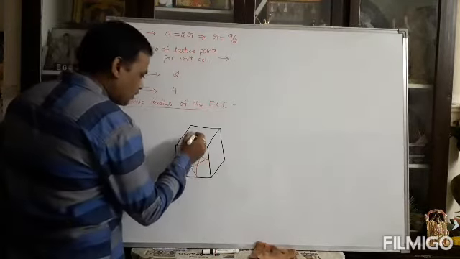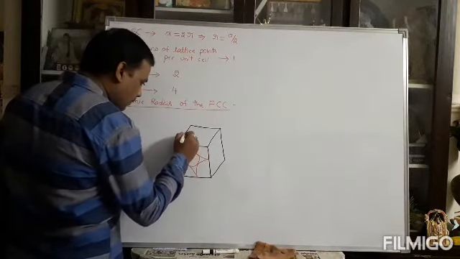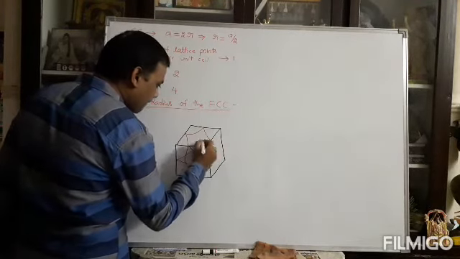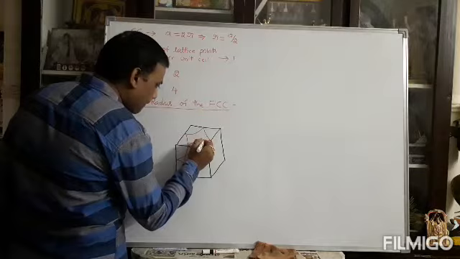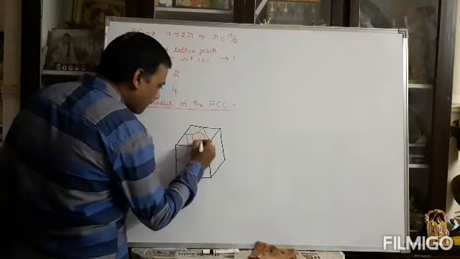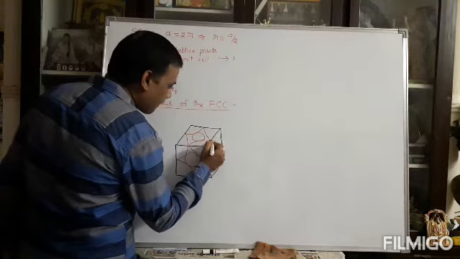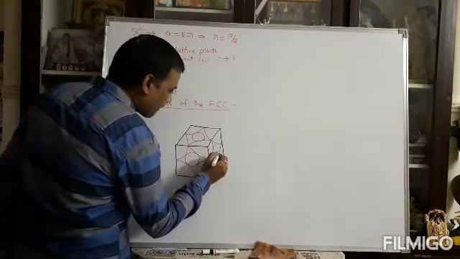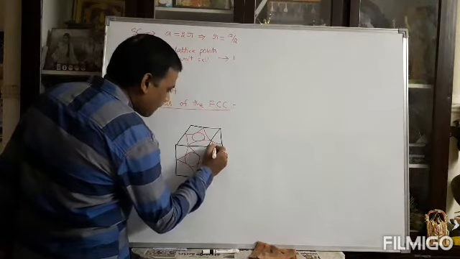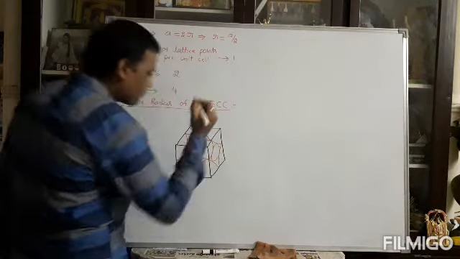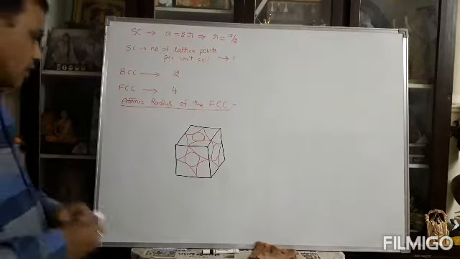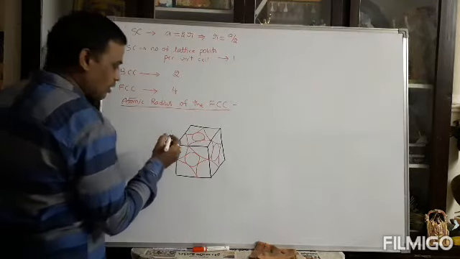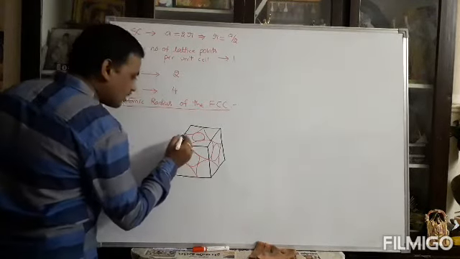In a similar way, in this face, these are the atoms occupied in the face-centered cubic structure. We show the atoms as shaded regions like this.